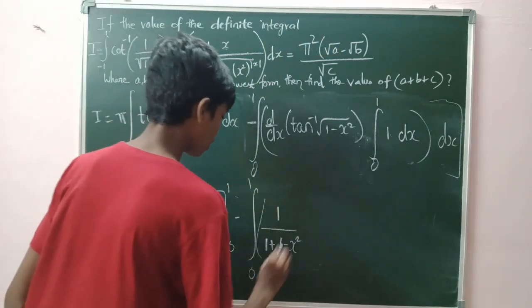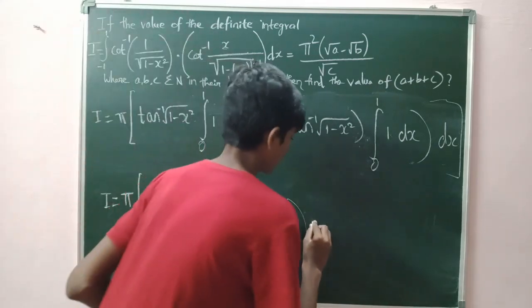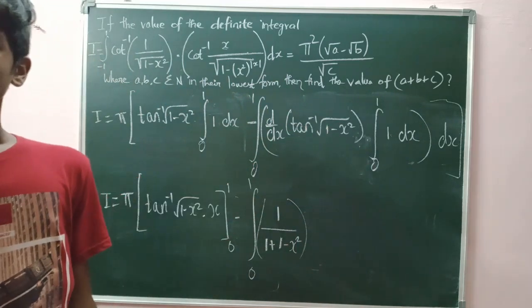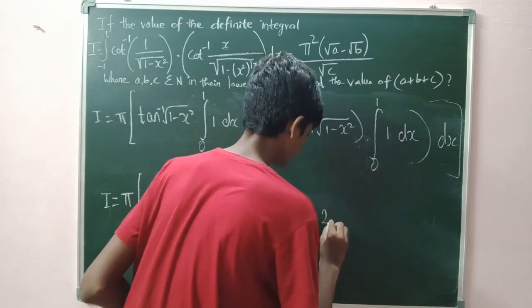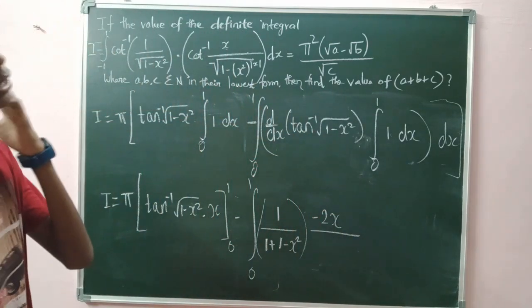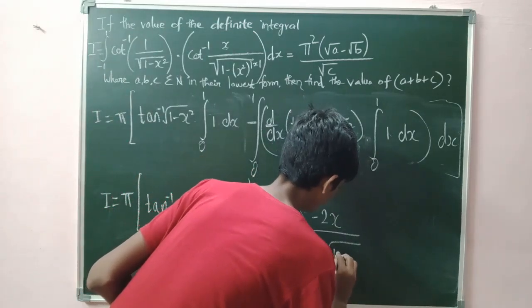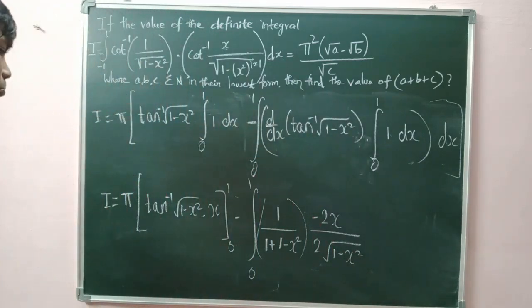Okay, and now along with that write the differentiation of 1 minus x square, which is minus 2x, by 2 times root of 1 minus x square. I think this is what you guys will be getting.